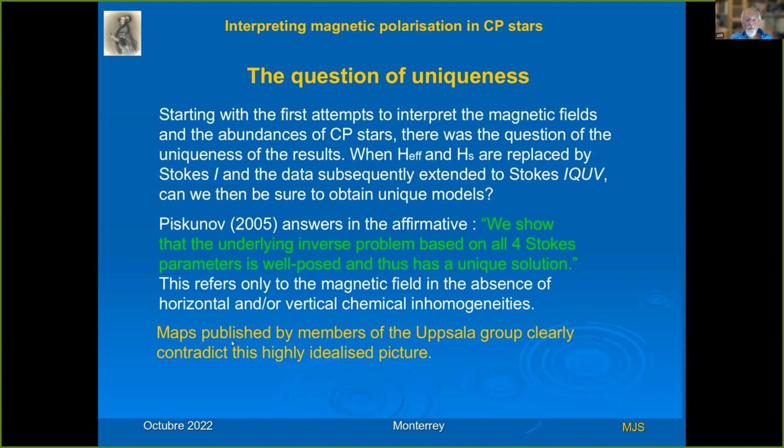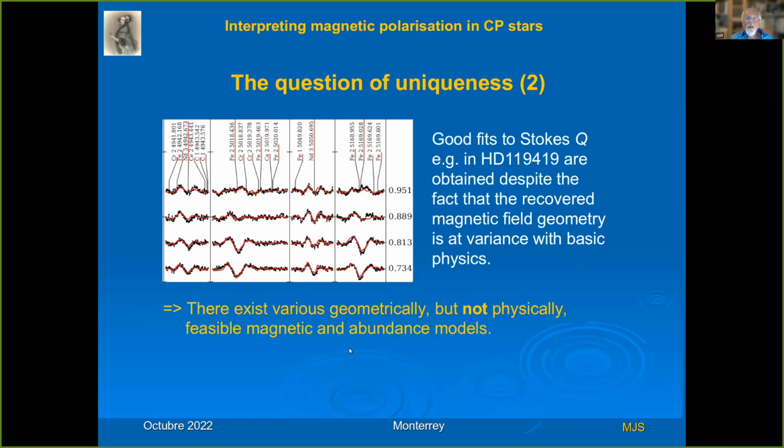And if you look at the maps published by the members of this Uppsala group, they contradict this picture, and I'll show you that. For example, you have HD 119419, where it can be shown that the field is non-potential, it violates the force-free condition, and still you get wonderful fits to Stokes Q and the other Stokes parameters.